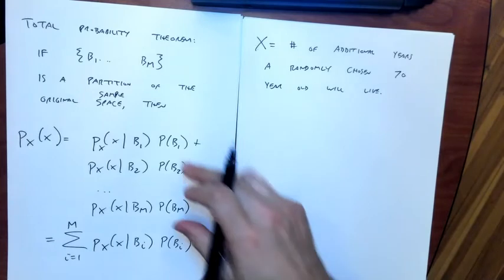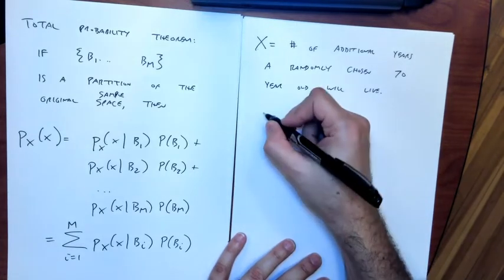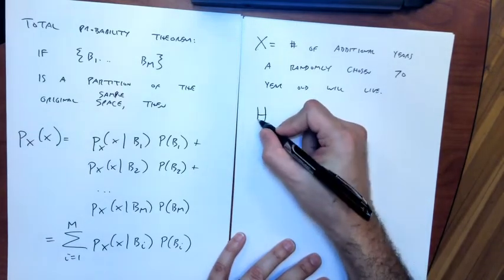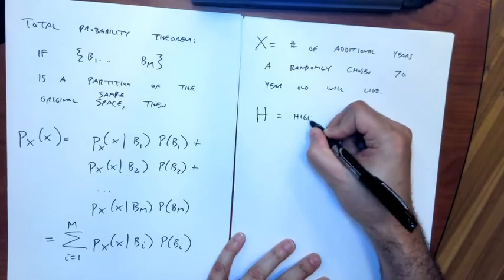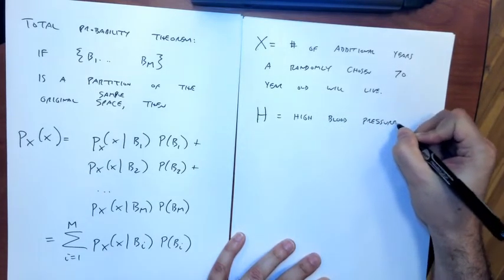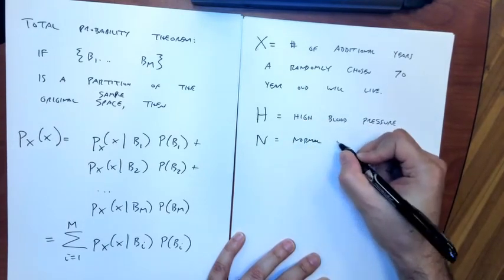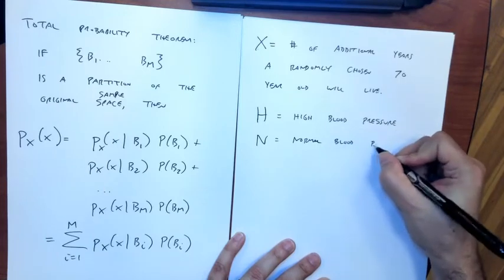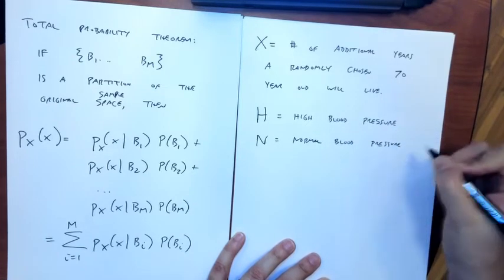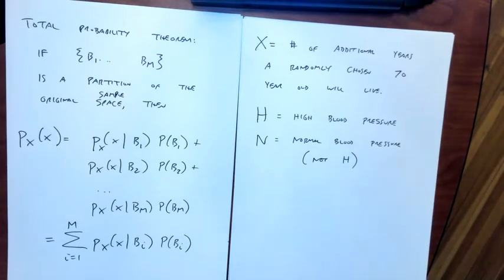And now playing the role of these Bs are going to be medical conditions. So let's suppose H is high blood pressure, and N is normal blood pressure, which is like not H. So basically, everyone has either high or normal blood pressure, okay?